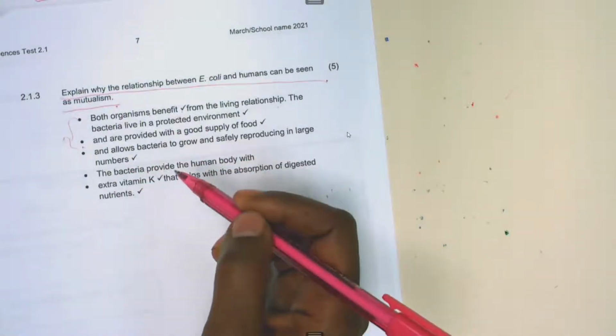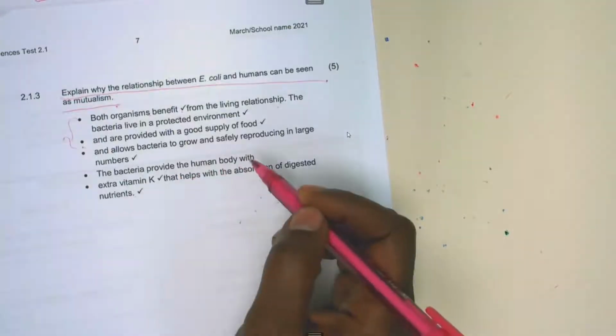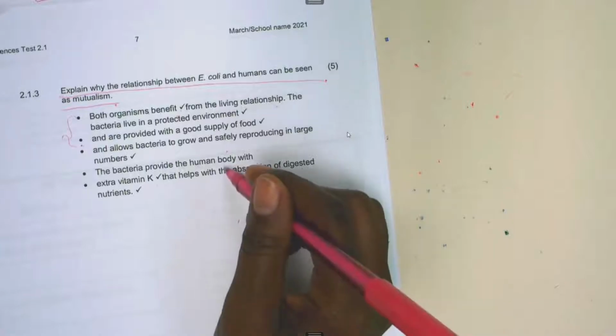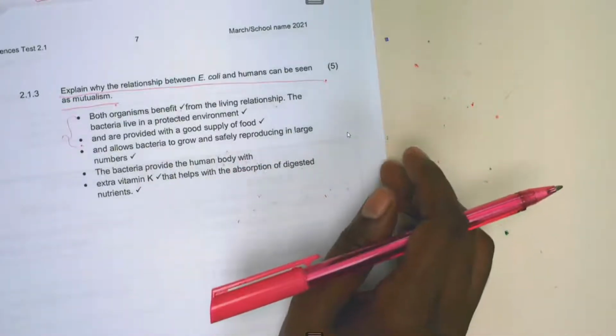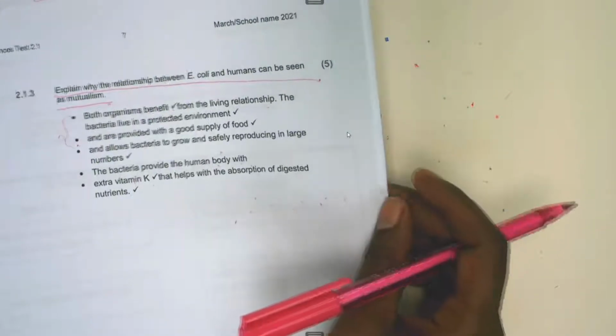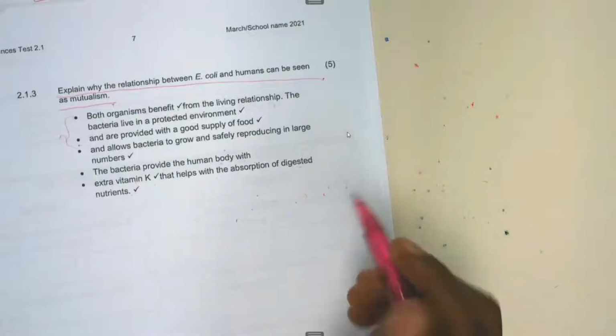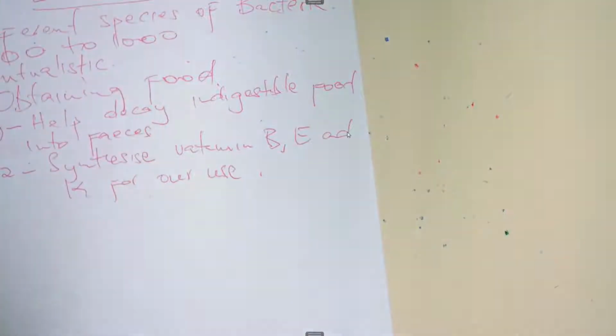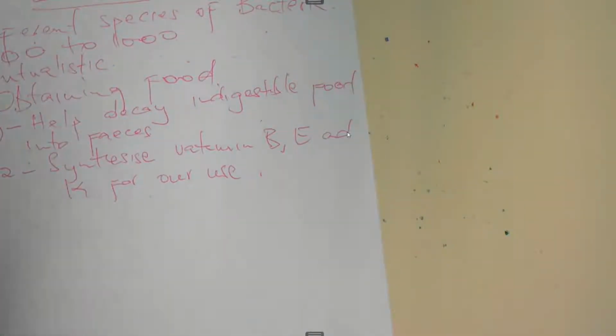So this is how we benefit from this bacteria. They provide the human body with extra vitamin K, and I have also said vitamin E and B. All right, so that was our question, which was based on that type of relationship, which is mutualism.